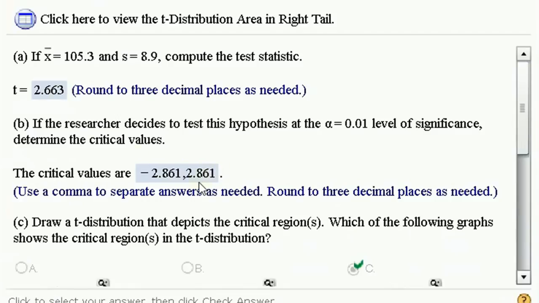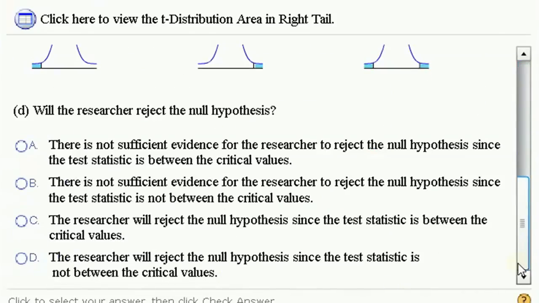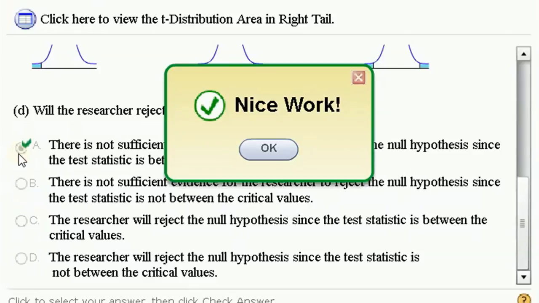Would that be out in the tails? No, it would not. This is between those two cutoffs. It would be in the red on this graph over here, which is the do not reject region. So there is not sufficient evidence to reject the null, since the test statistic is between the critical values. There we go.